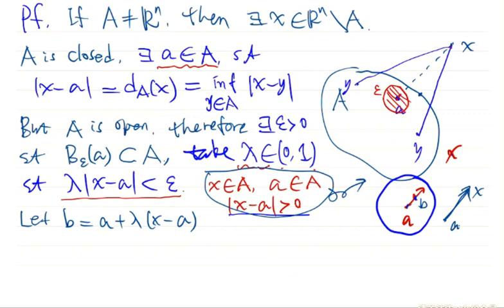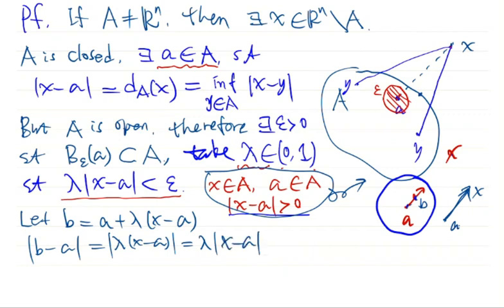Then we can check that the distance from B to a is the norm of lambda times (X minus a). But this is the absolute value of lambda multiplied by the distance from X to a, the norm of x minus a. But lambda is positive, therefore this is lambda times the norm of x minus a.